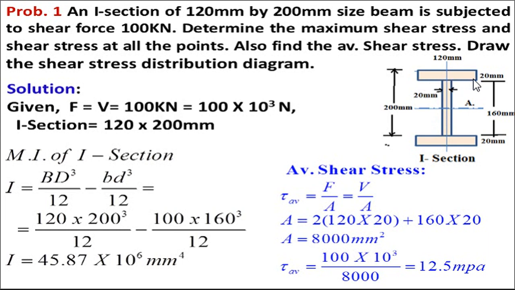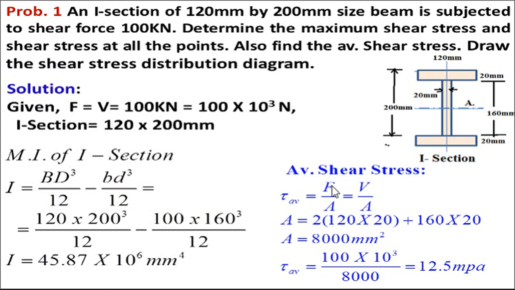From the total width of 120 you deduct 20 on each side, so you get another rectangle which is vacant. So small b will be 120 minus 20, that is 100, and d will be 160, since from this 200 you deduct the top flange and bottom flange. So 100 into 160 cubed by 12 gives moment of inertia as 45.87 into 10 to power 6 mm to the power 4.